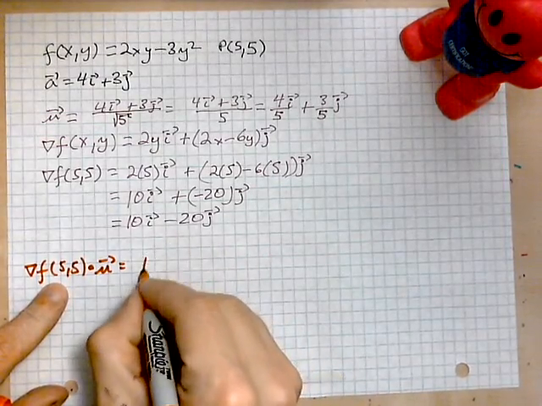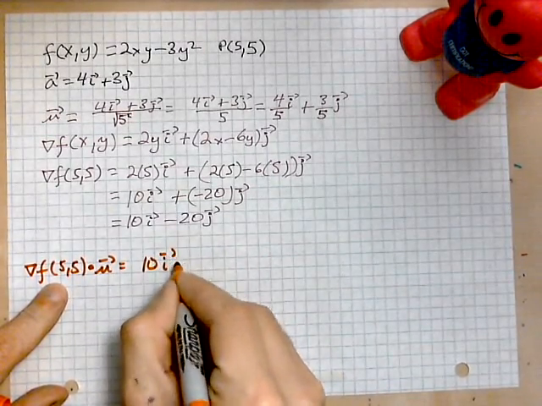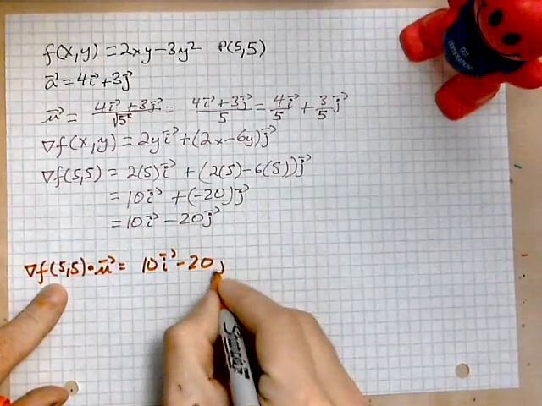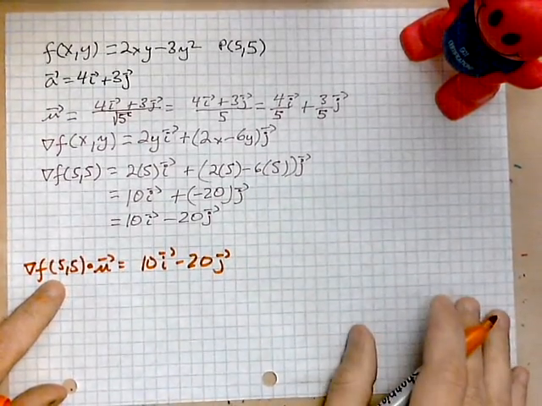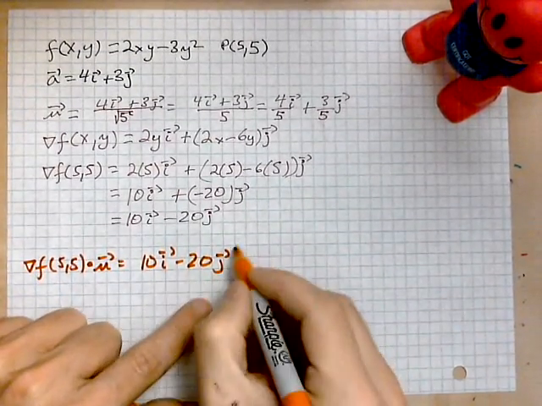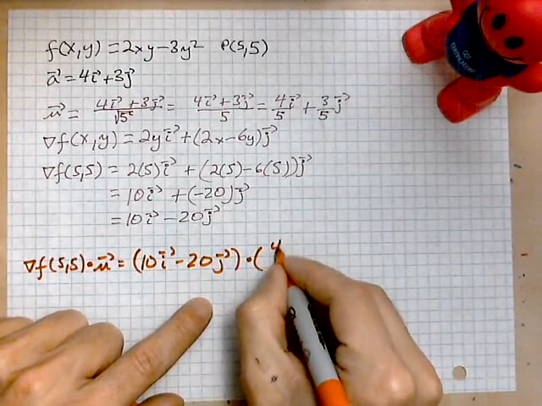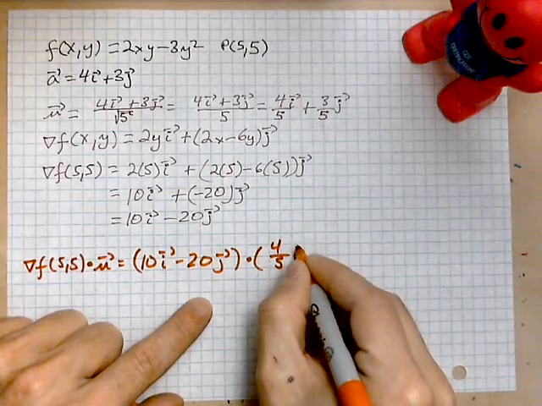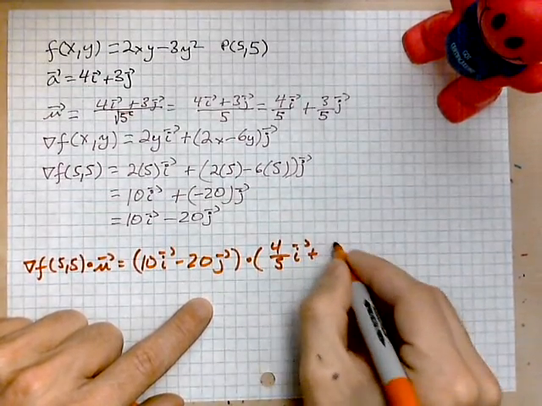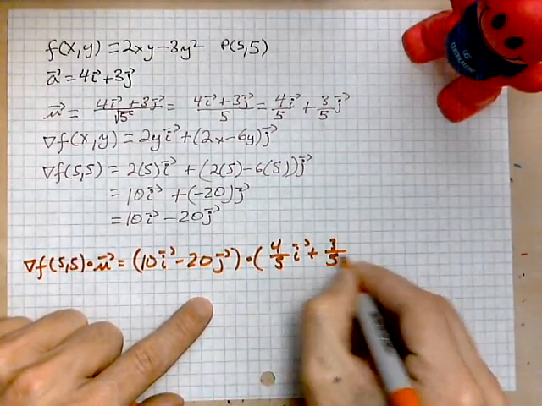The gradient is 10i minus 20j. You will take the dot product of this with the unit vector, so that's 4/5 i plus 3/5 j.